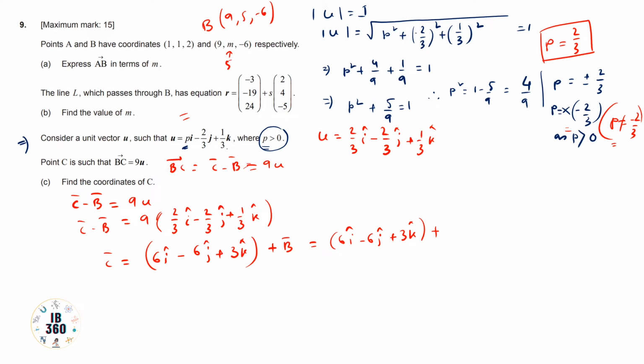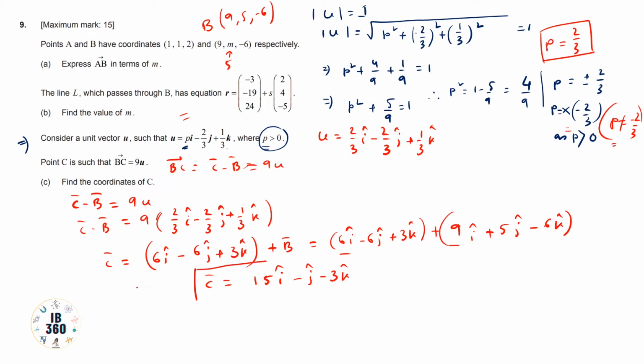So from here we can write 9i plus 5j minus 6k. So the vector equals 6 plus 9, 15i, minus 6 plus 5, so minus j, plus 3 minus 6, so minus 3k.